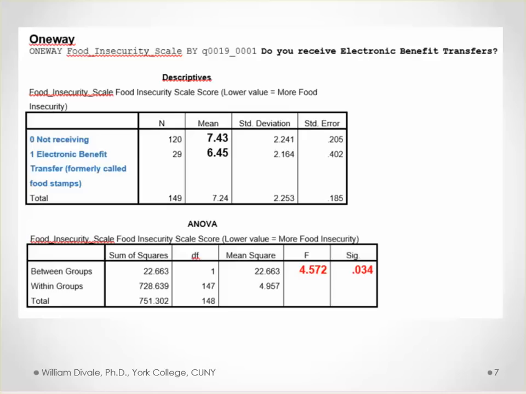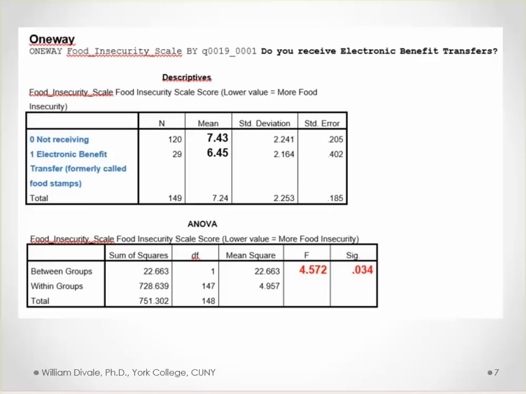Now, in this slide, we're looking at, do you receive electronic benefit transfers? In other words, does the person receive food stamps? And what is their food insecurity scale score? So if we look, we see that people who do not receive food stamps, that's the 0, their average food insecurity score was 7.43. While those who were receiving food stamps, their average score is lower, 7.45, indicating food insecurity.